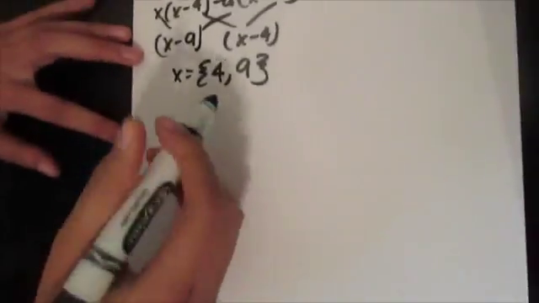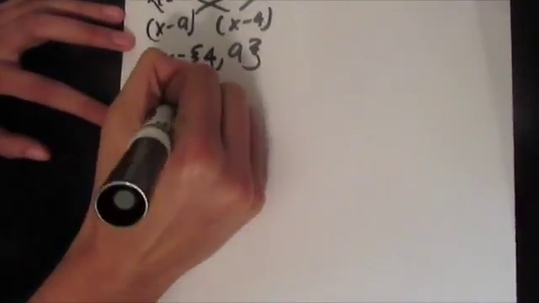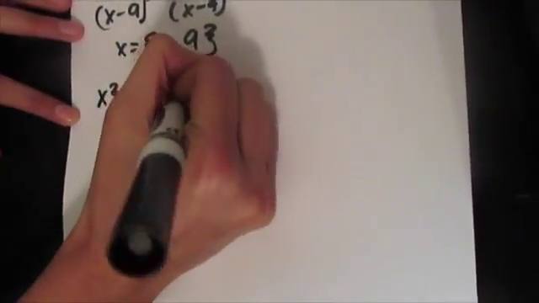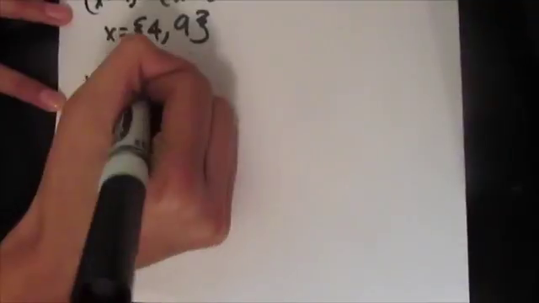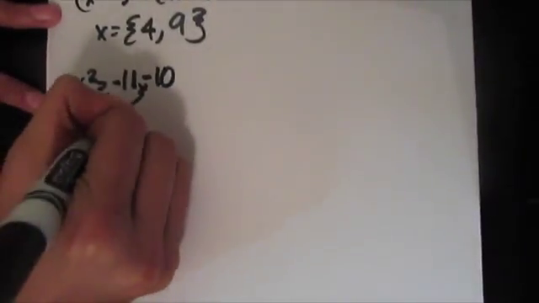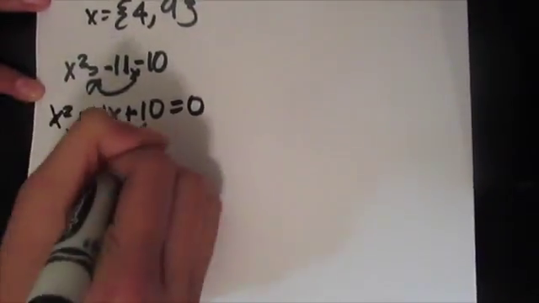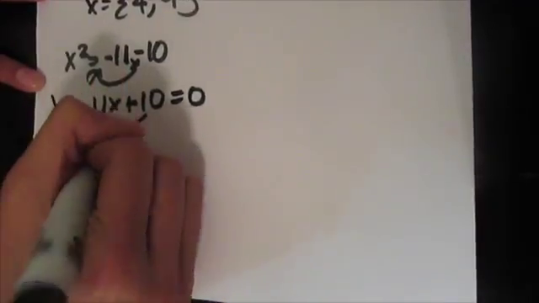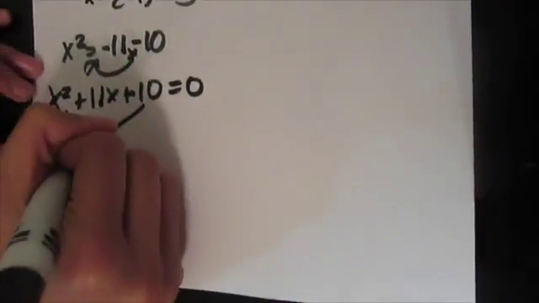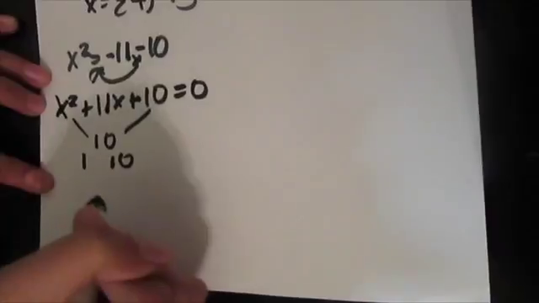Another example. X squared is equal to -11x minus 10. My bad. So we want to set this equal to 0, so we're gonna move all of these over to this side. So we will end up with x squared plus 11x plus 10 is equal to 0. Once again, we will multiply, get the factors that fit. So 1 and 10 fit perfectly.